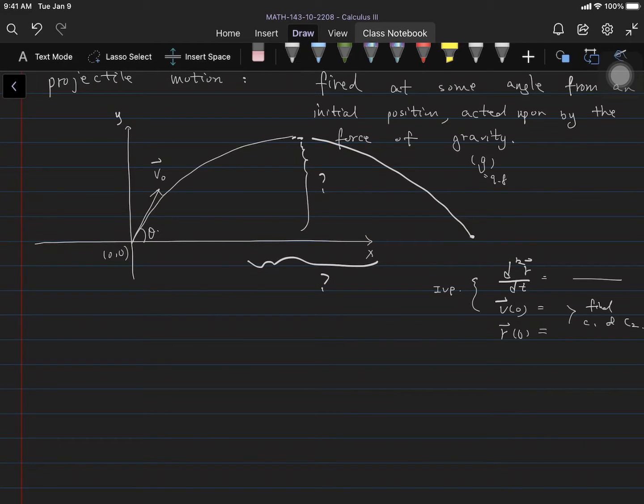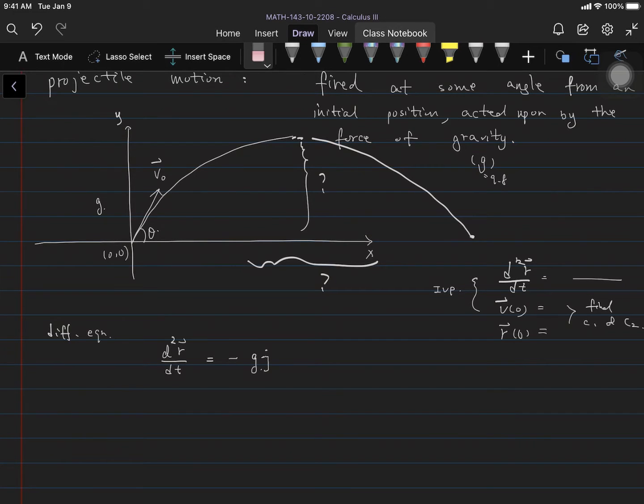Okay. The differential equation for this case is what? Acceleration is what? Acceleration is just gravity, right? Just gravity. So that means the acceleration is negative g j. Do you know why?